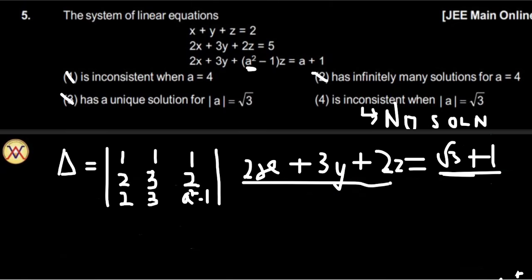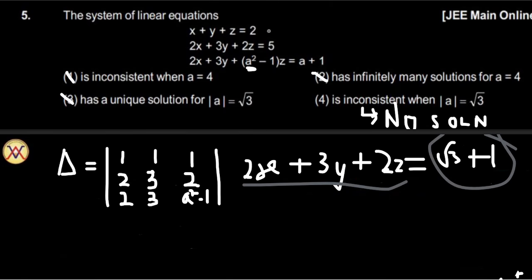So this same thing cannot be equal to this and this. No, because root 3 plus 1 is not equal to 5, right? Even if you're saying that mod a is root 3, okay, I understand you want to take plus minus root 3, or 3 or whatever. But 2x plus 3y plus 2z is equal to 5, which is given in equation number 2.